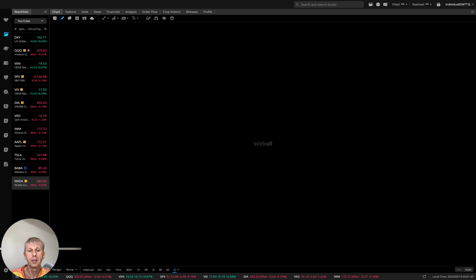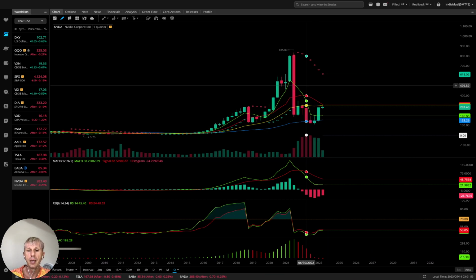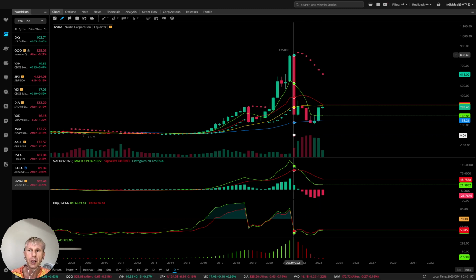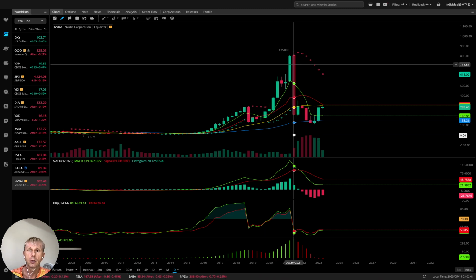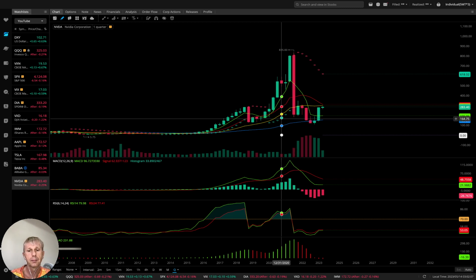Let's move to Nvidia. Nvidia quarterly, it is bearish on all indicators. It was a huge quarter, huge drop. I think, yeah, it was a split. This bar was a split. It's not a huge drop.